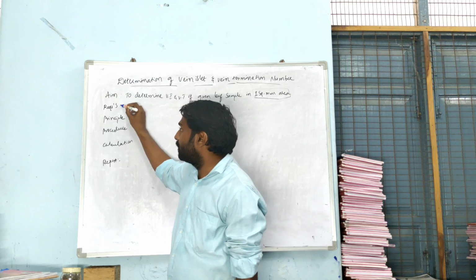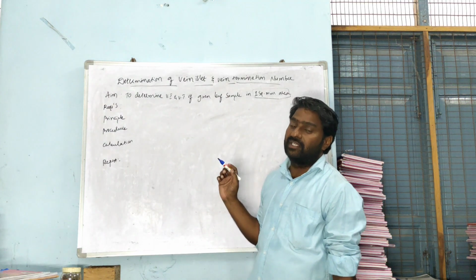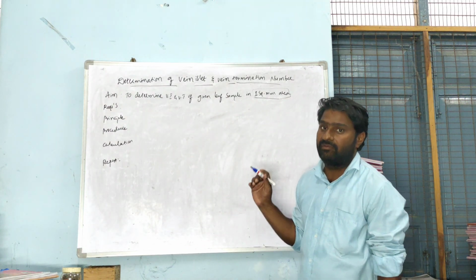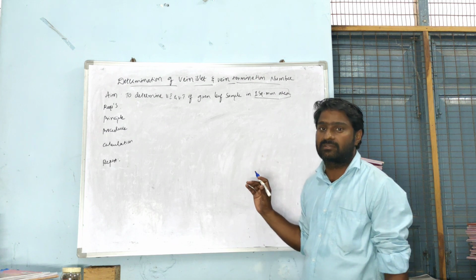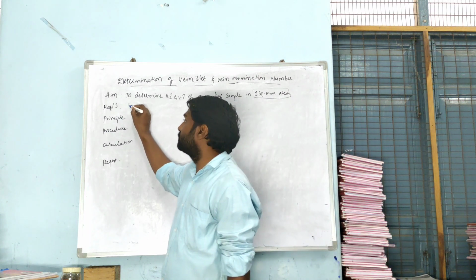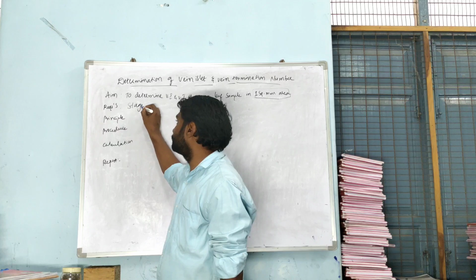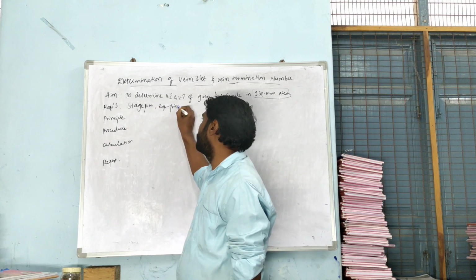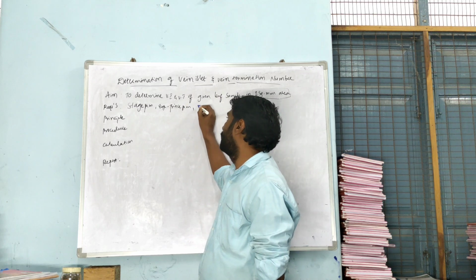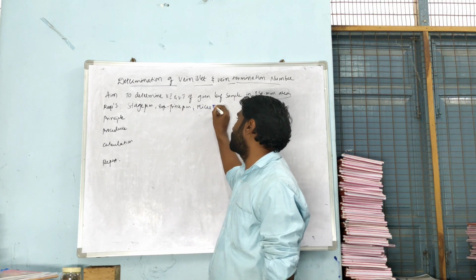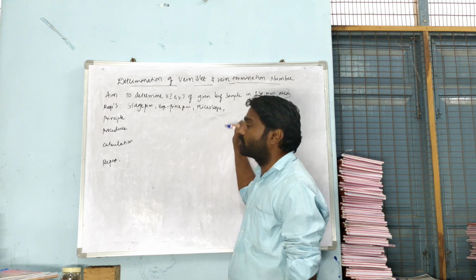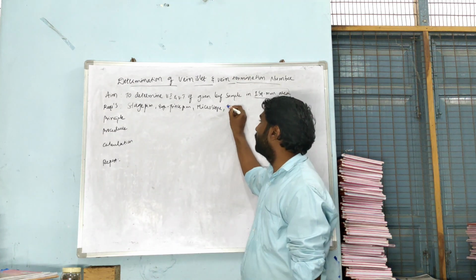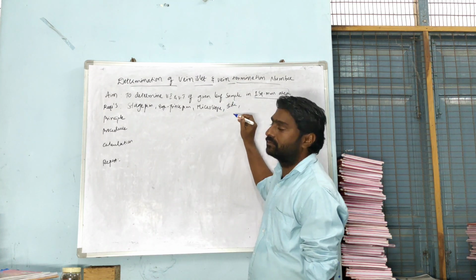So for tracing vein islets and vein terminates in 1 square millimeter area, we use special type of apparatus called stage micrometer, eyepiece micrometer for tracing, and for identification of the leaf constants we use a microscope, then followed by a glass slide.